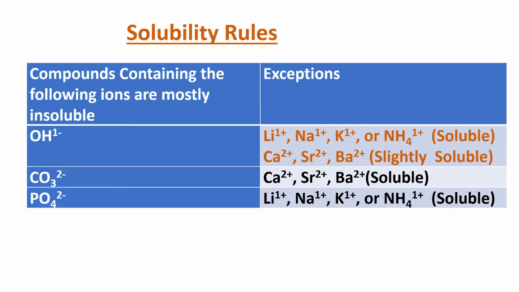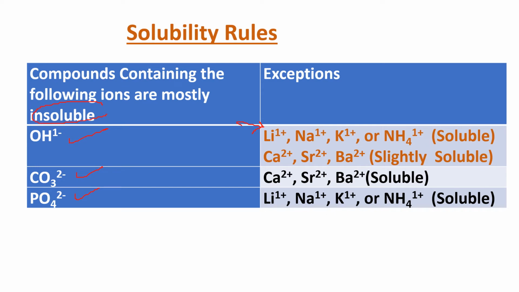Next, according to the solubility rules, if these anions, that is hydroxide, carbonate and phosphate ions, are present, then we can call them generally insoluble. But some exceptions are there. What are they? All hydroxides are insoluble.